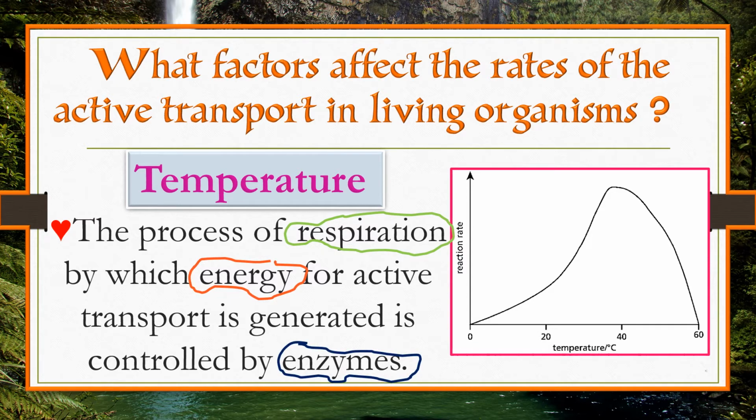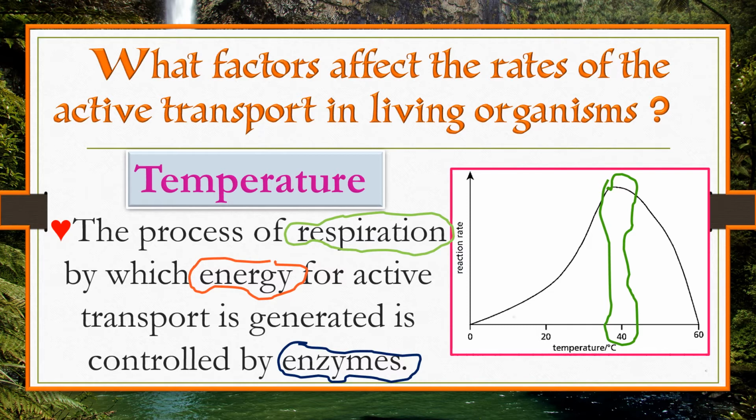So being that it is controlled by enzymes, temperature is going to affect the enzyme activity. If the temperatures are around 37 to 40 degrees Celsius, that is the optimum temperature for enzyme activities. The enzymes will perform to their best at 40 degrees Celsius, which is the optimum temperature.